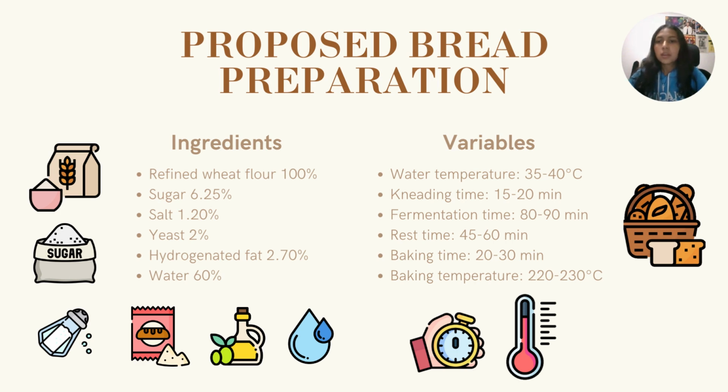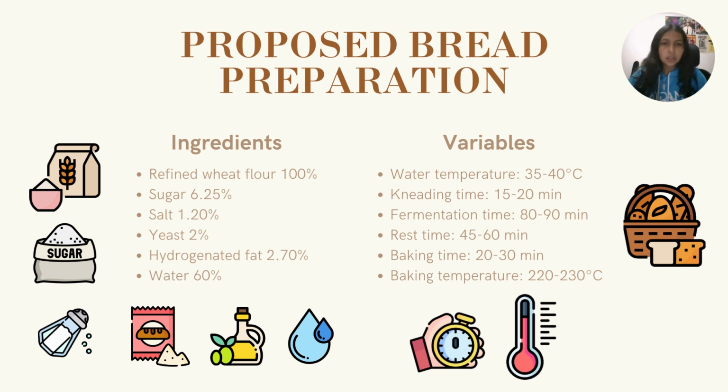Now, kneading time should be between 15 to 20 minutes, and it's advisable to do it slowly at first to mix all the components correctly, and then increase the speed to shape, stress, and oxygenate the dough.